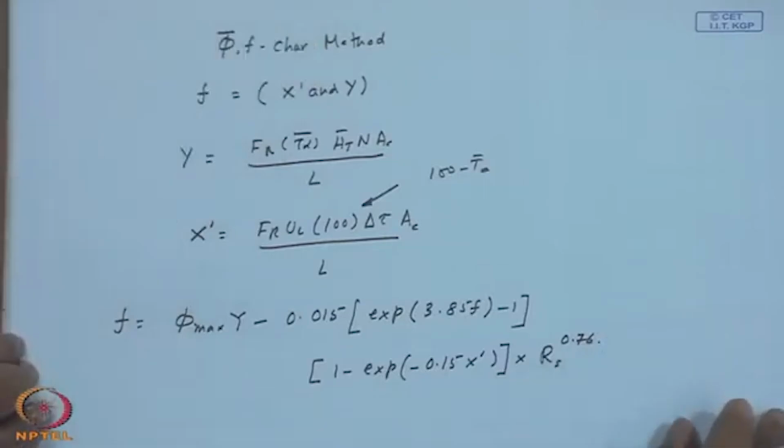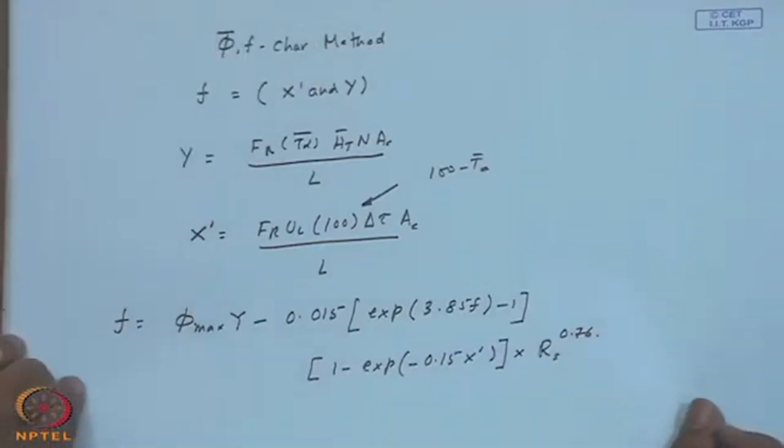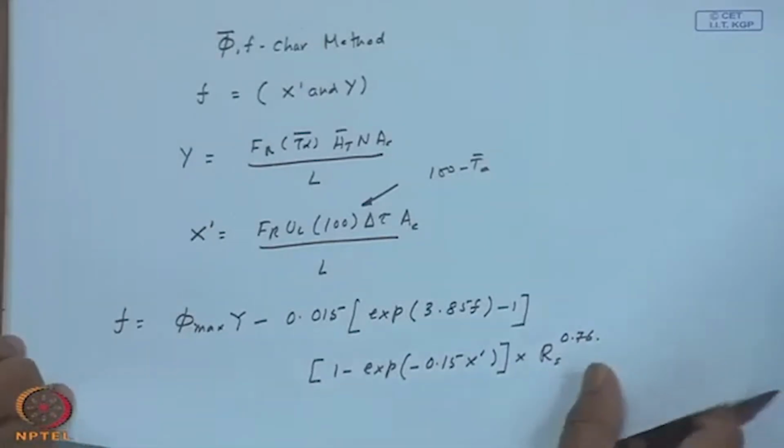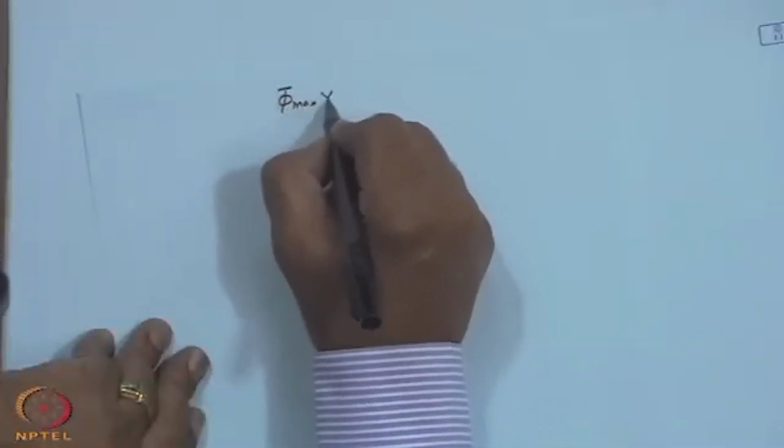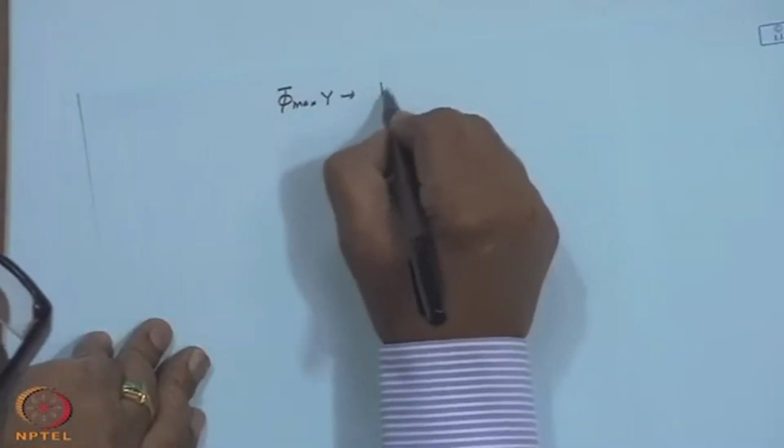Okay. This equation needs a bit of explanation. As we guessed, or rather estimated rightly, your phi bar max y is the first term.